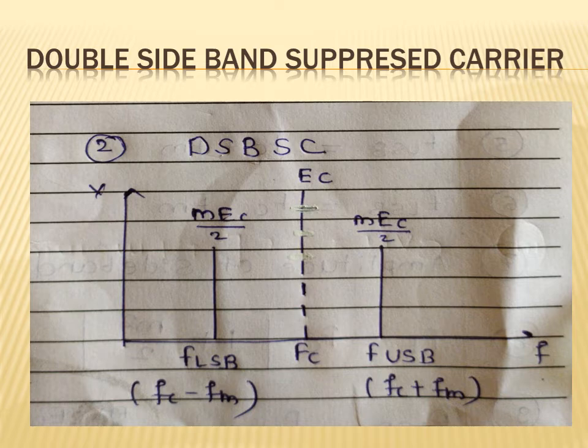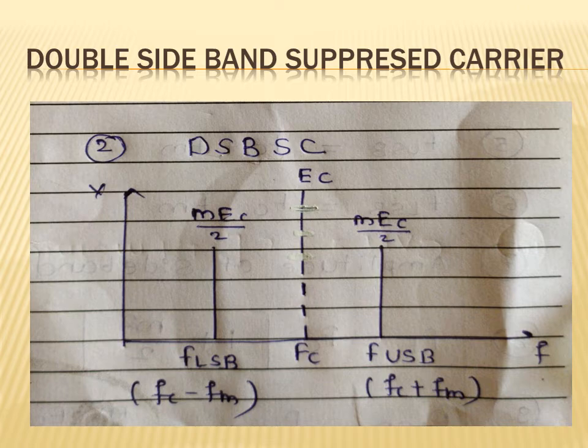Means the carrier is suppressed in double sideband suppressed carrier, so power is saved as compared to transmission through double sideband full carrier. Generation and detection is simpler and inexpensive.